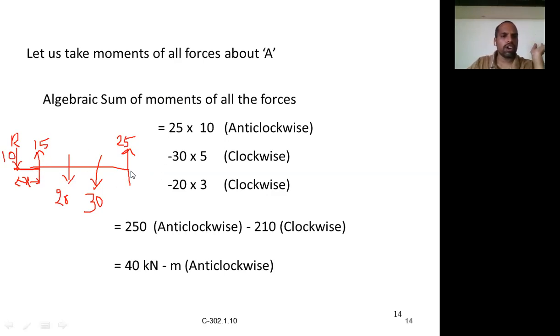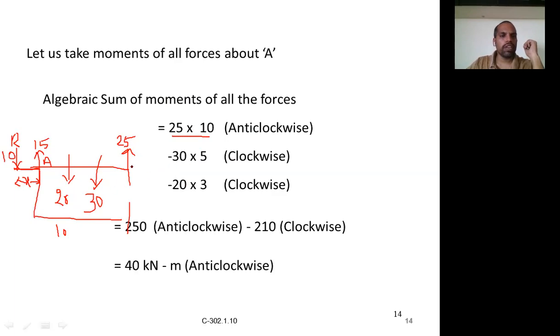Let us start from one side. That is 25, from here to point A. The distance is 10 meters. That is 25 into 10.